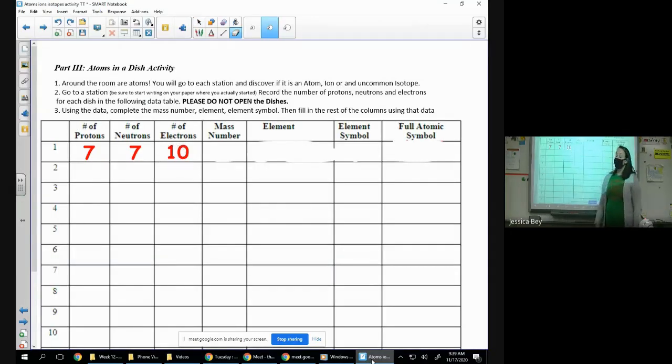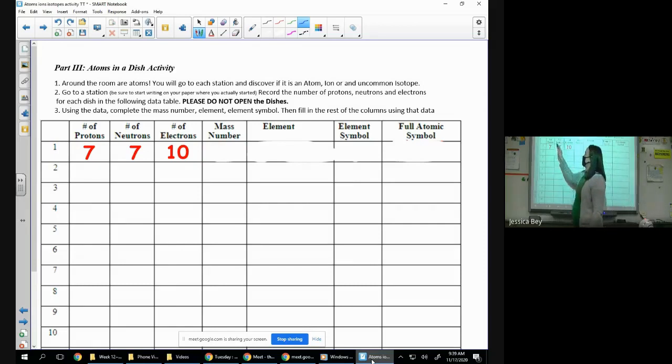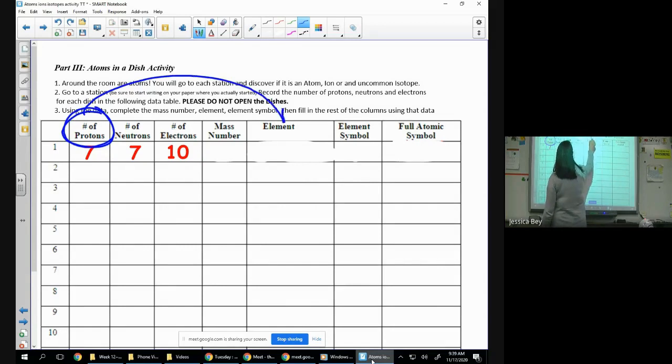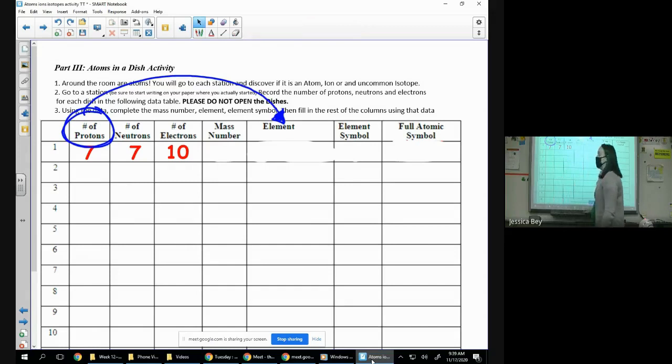So you can do this one of two ways. You can go through all the stations and count everything first, and then come back and do the data, or you can do the data as you go along. Let me help you out here. The protons tell me what element it is, right? So if you want to circle the first column, that's going to tell you what element you have. Take a look on your periodic table. What element has 7 protons?